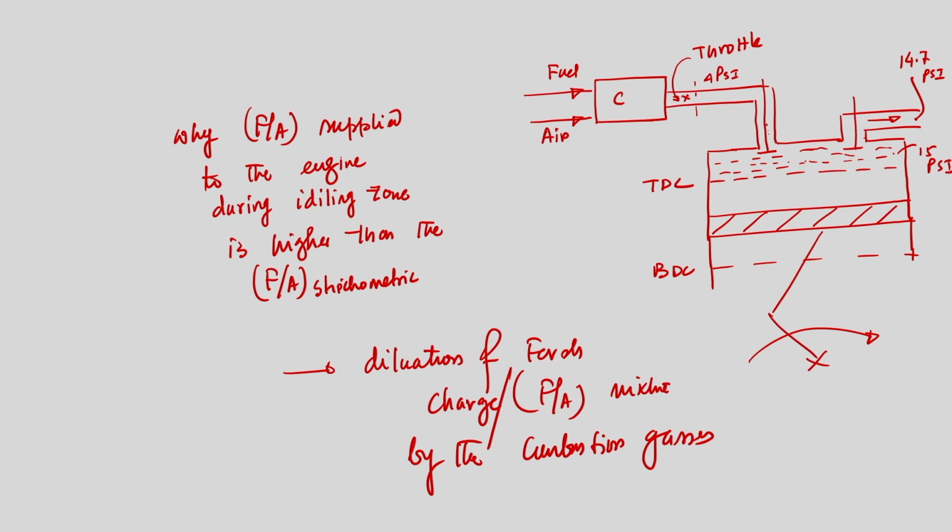Because of the dilution of the fresh charge by the combustion gases, as well as the resistance provided by the combustion gases to the fresh charge coming during the intake stroke from the carburetor into the cylinder, the mixture will become lean, and to run the engine in this condition we need to enrich the fuel-air mixture.